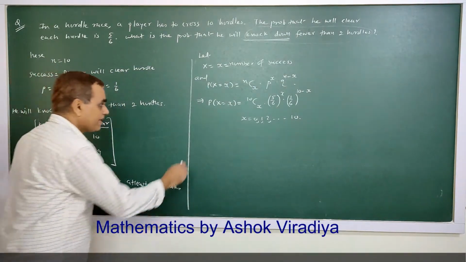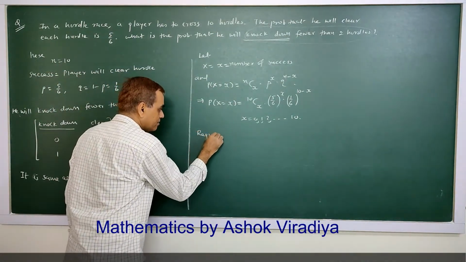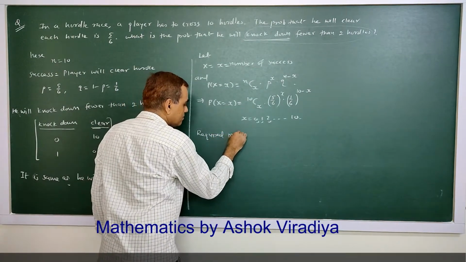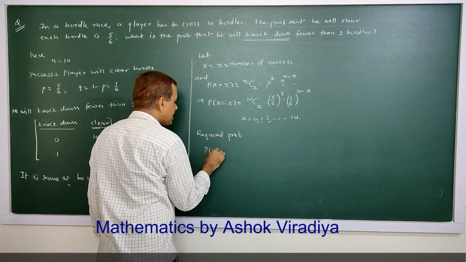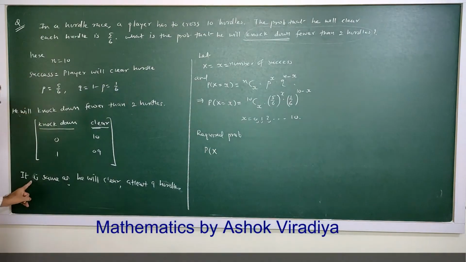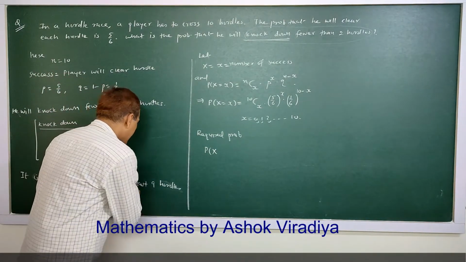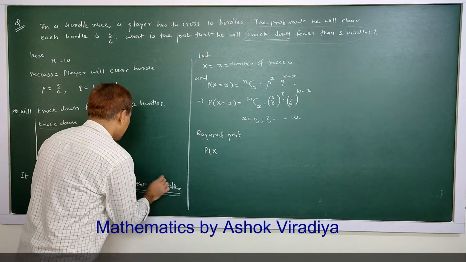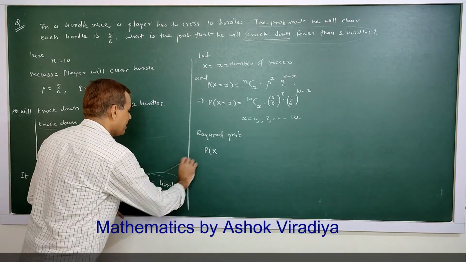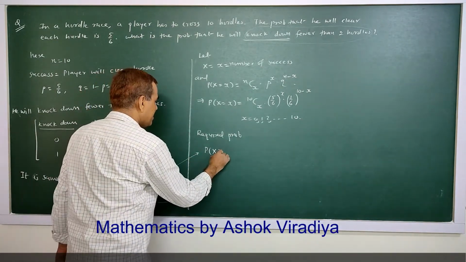So required probability is probability that number of successes is at least 9. So from this word I am putting here the statement at least 9.